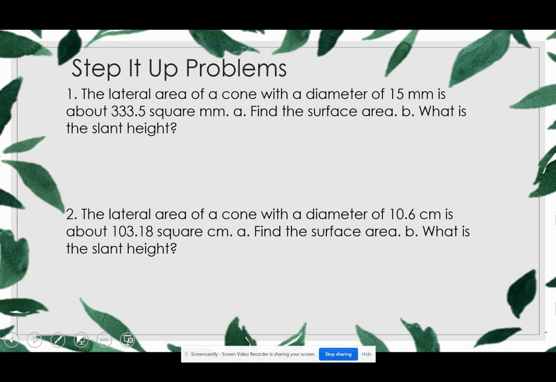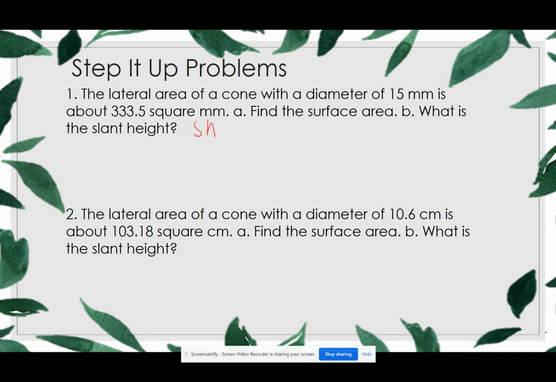Alright, so these might be challenging, so I want you guys hopefully to be fully paying attention to this. So it says the lateral area of a cone with a diameter of 15 millimeters is about 333.5 square millimeters. We want to find the surface area. So we know that the surface area is the lateral area plus pi r squared for a cone.